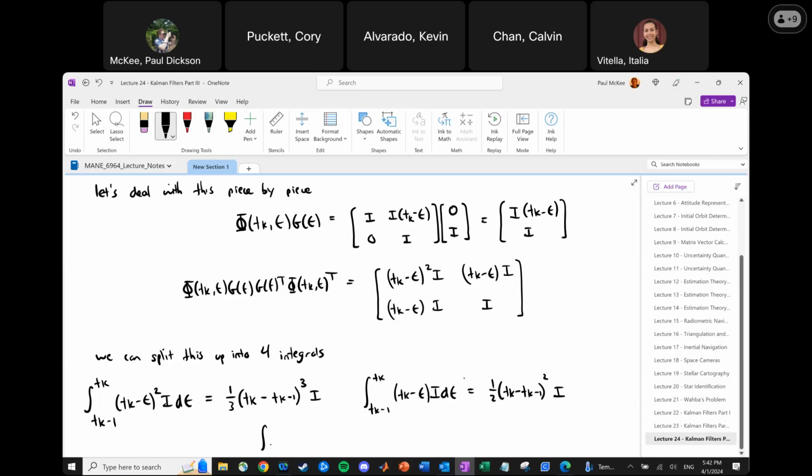And moving further down, from tk minus 1 to tk of just the identity matrix, well, that's going to be tk minus 1 times the identity matrix. You can think of it as the integral of x squared is 1/3 x cubed. The integral of x is 1/2 x squared. The integral of 1 is x, right? That's kind of what we're going for here.